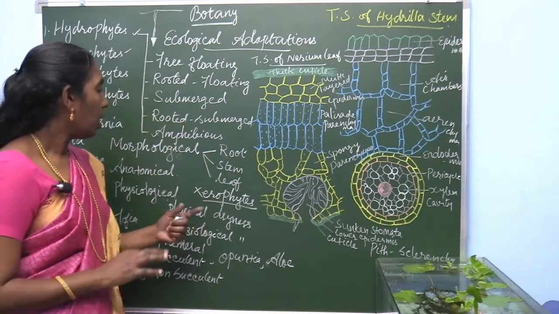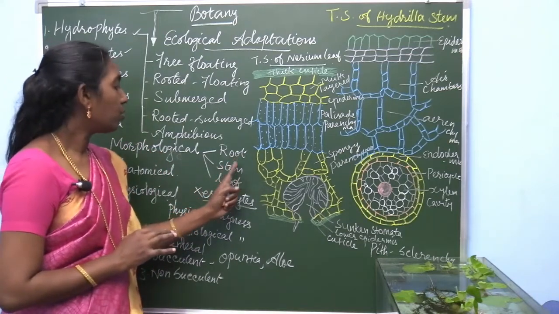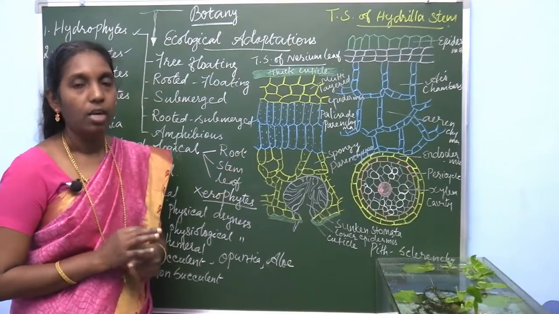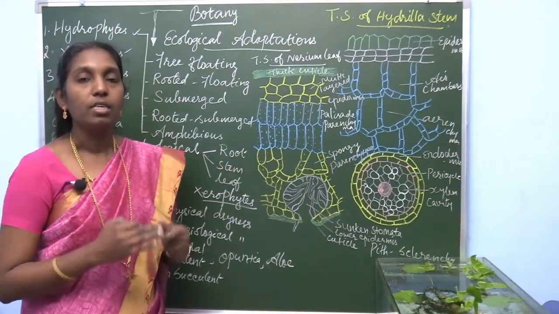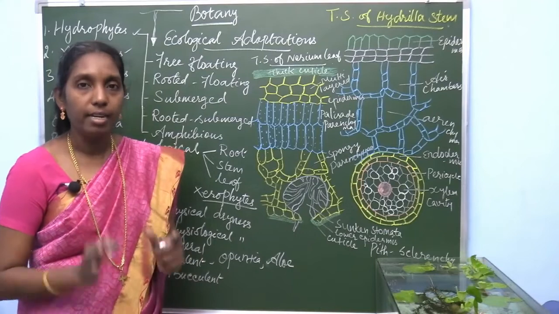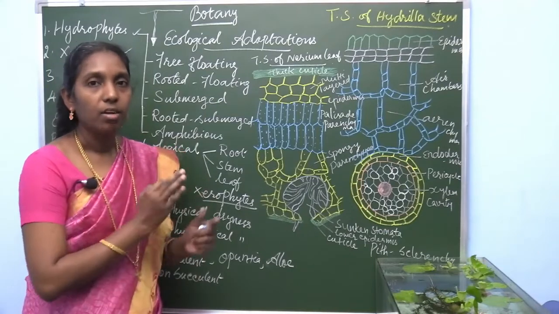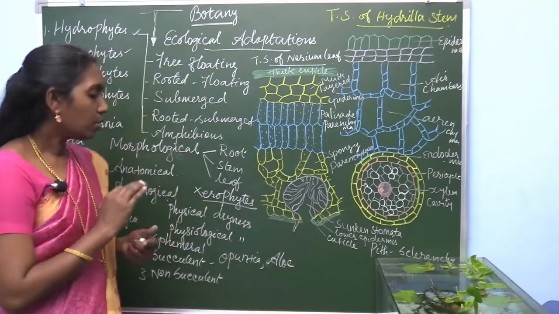Under morphology, we can write about root, stem as well as leaf. In xerophytic plants, the root system is well developed compared to the shoot system. The shoot system is poorly developed.